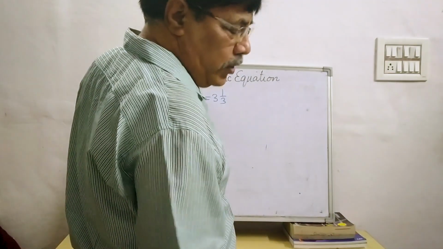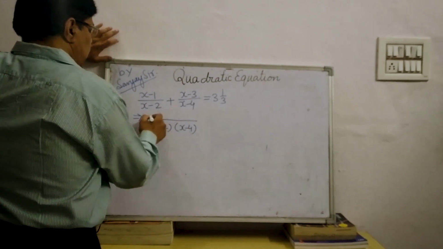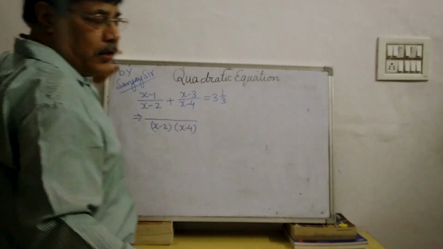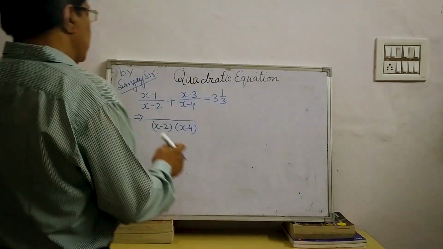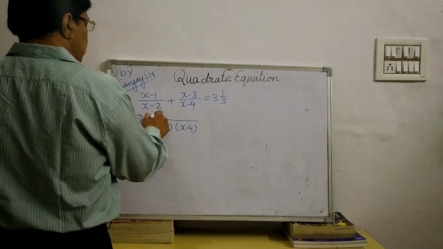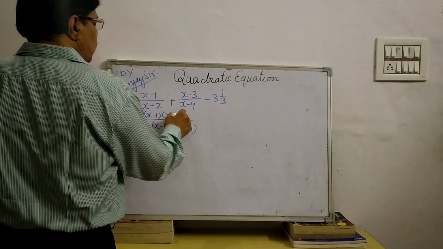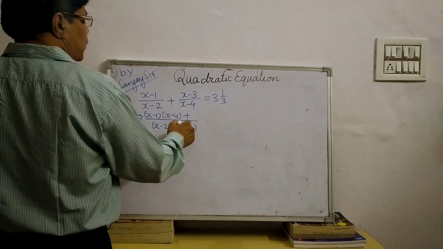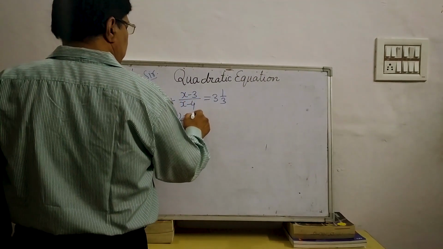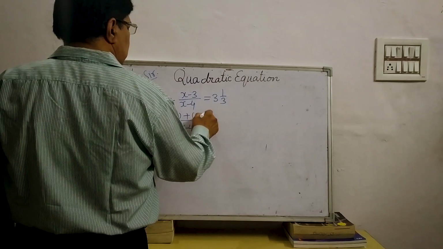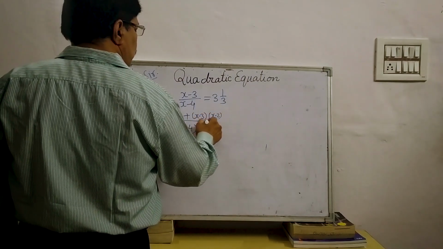Now divide. When you divide by x - 2, x - 4 will come, then multiply it. So this will be (x - 1)(x - 4) plus, dividing this by x - 4, x - 4 will be cancelled out, so what will be left is (x - 3)(x - 2).